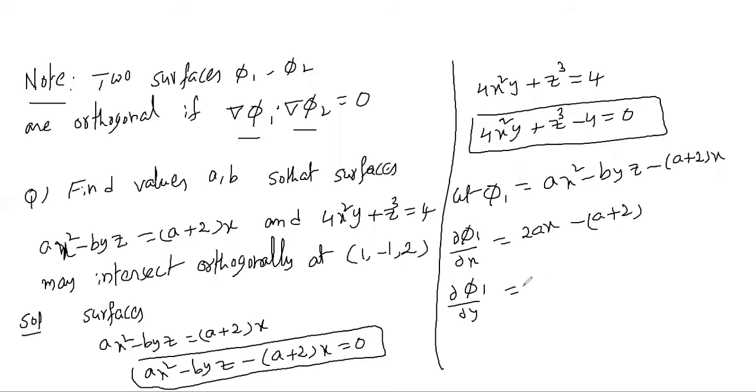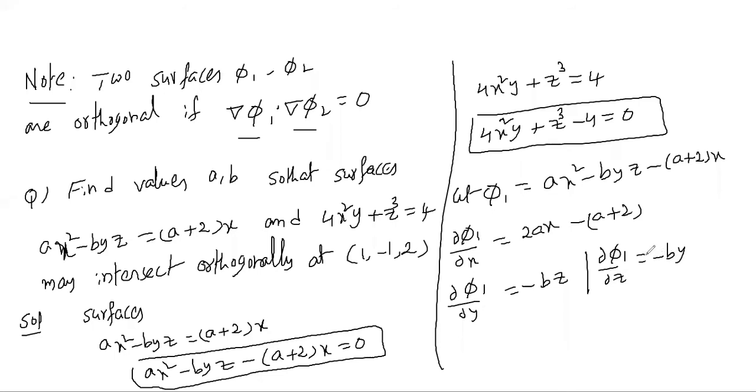What is that value? Minus bz. Next, dou pi 1 by dou z. Partially with respect to z: ax square constant 0, (a plus 2)x constant 0, z differentiation 1, so minus by.